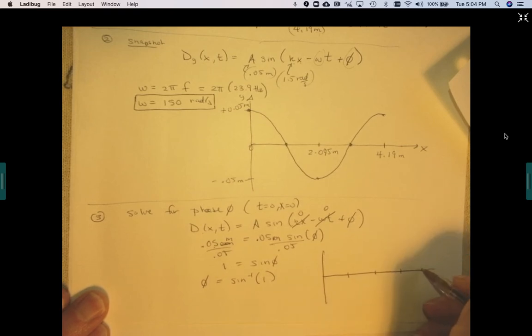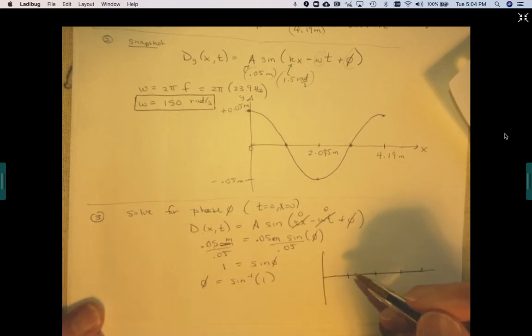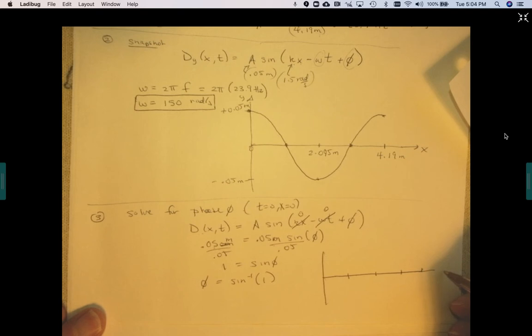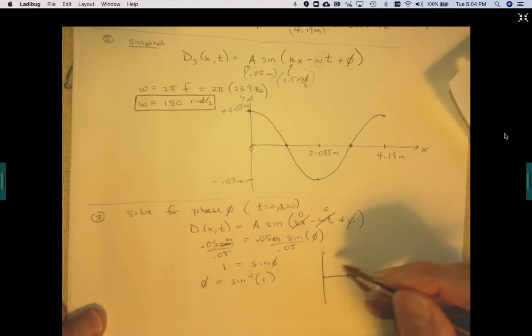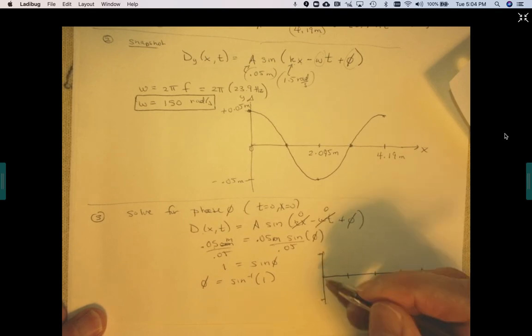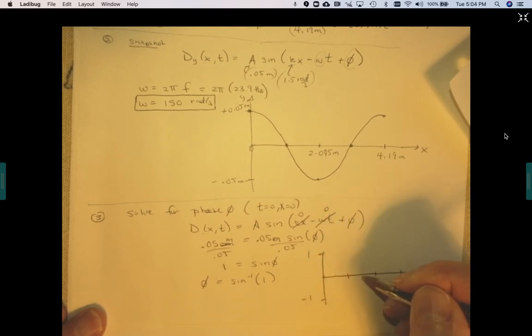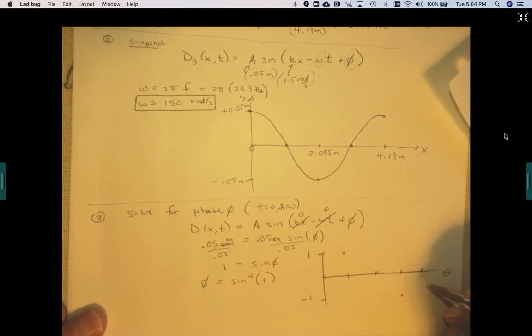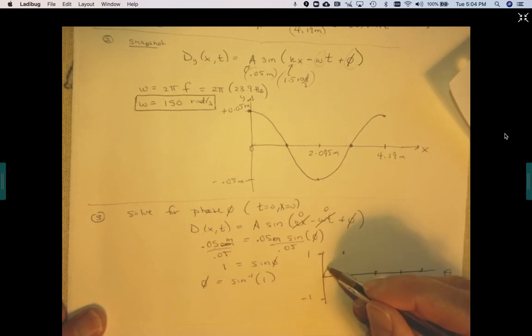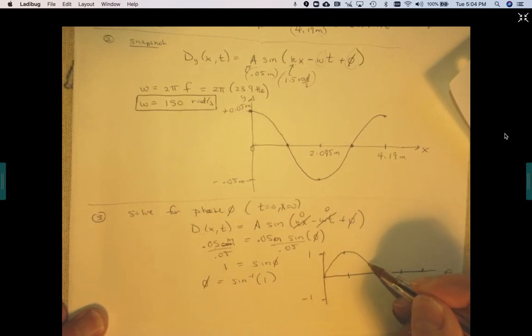We can use our calculators or our brains for this one because it works out nicely. Sorry, my dog is telling me it's time for dinner. If this is theta, our sine function starts at 0. Regular old sine goes between 1 and -1: up to 1, back to 0, down to -1, and back to 0. So we get another professional looking sine curve here.